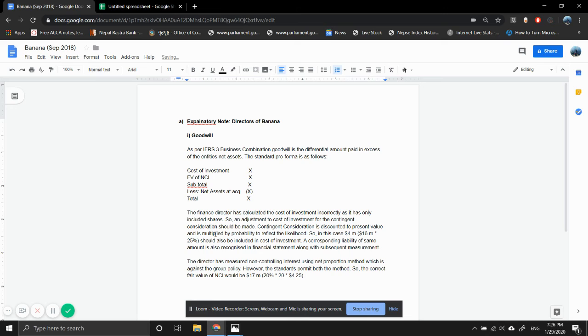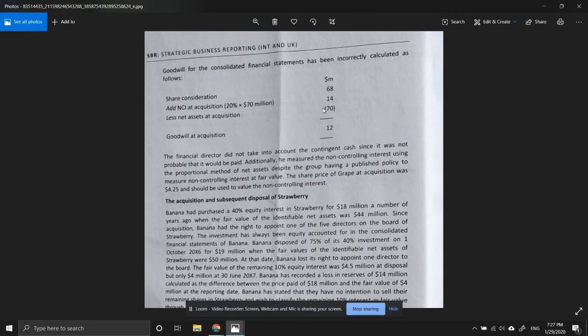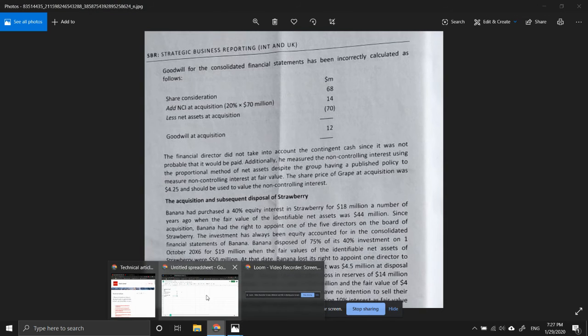Anything else? Net assets as well. What has it done? 70, right?